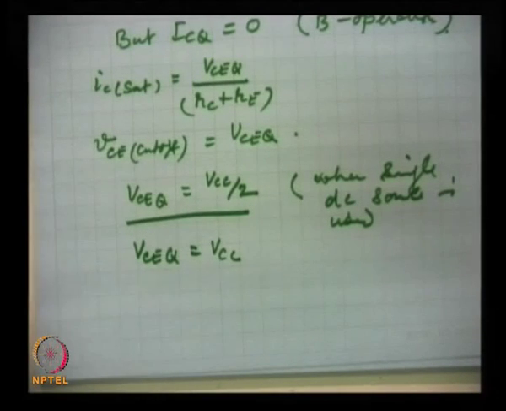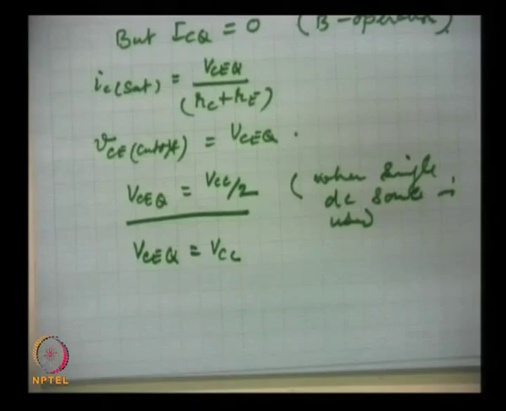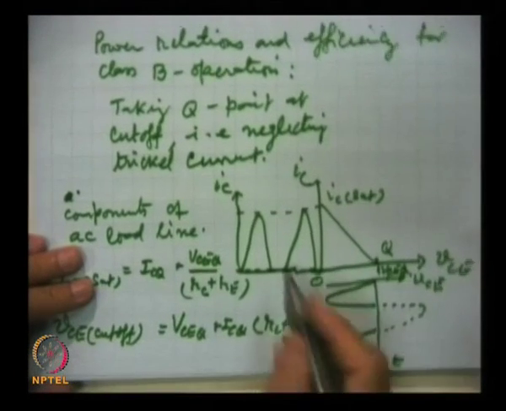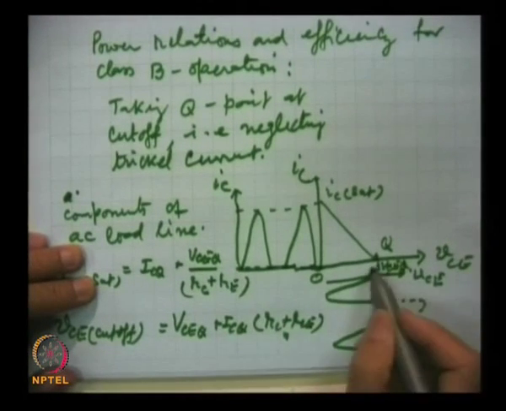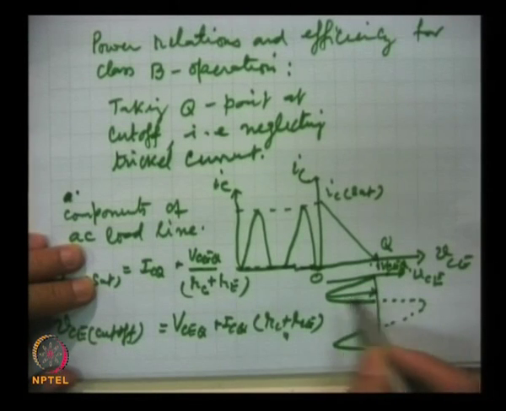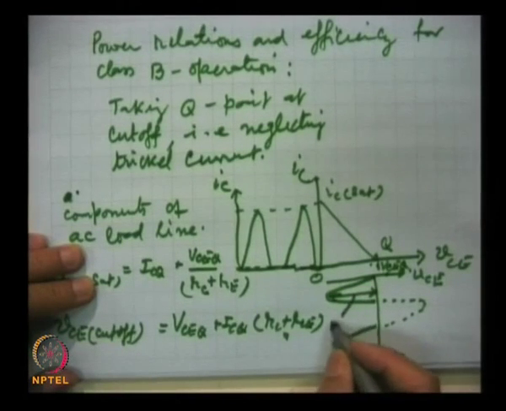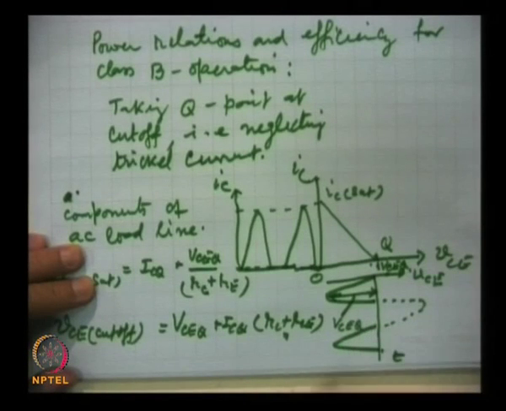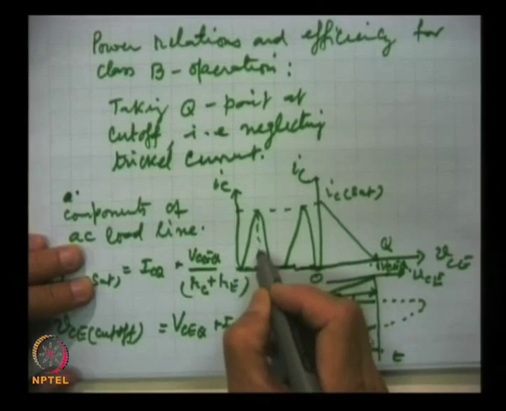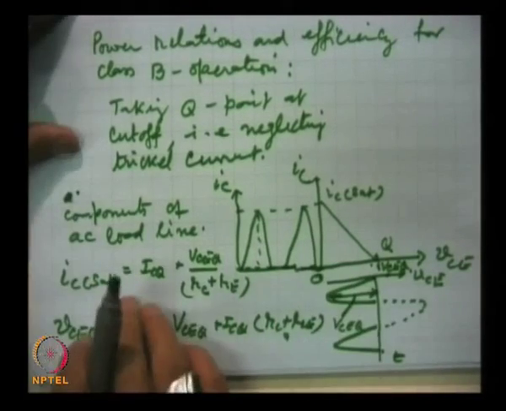So, then we can write the expression for the peak AC voltage. In this figure we should note this voltage here is VCEQ, and this current is IC set current, because this point is 0 IC current.